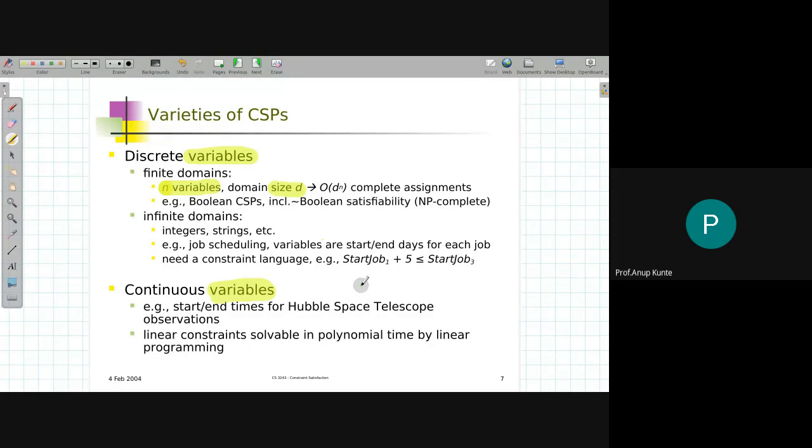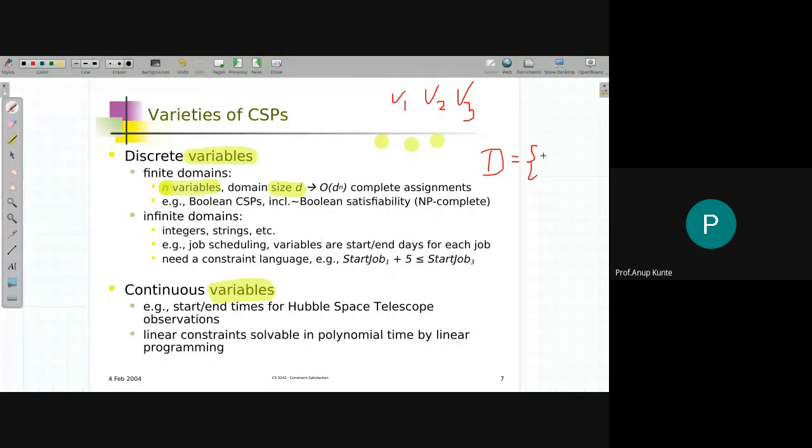There will be big O of d raised to n, where d is the domain size. What does that mean? Say suppose I have three variables, variable 1, variable 2, and variable 3, and all are discrete variables, all coming from the same domain.